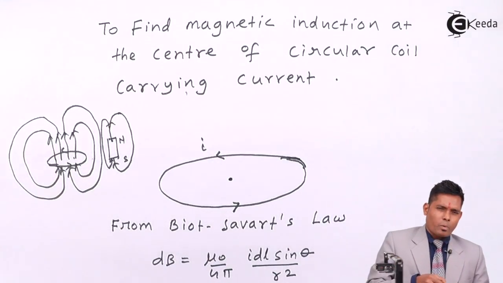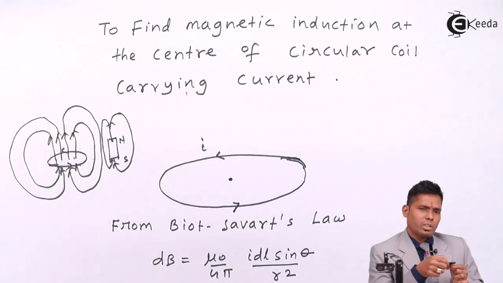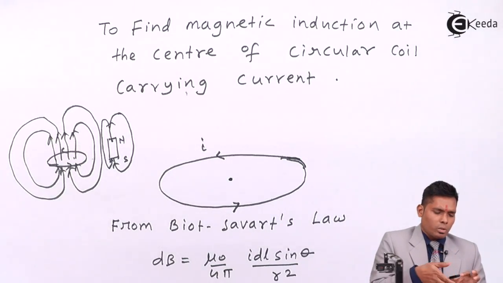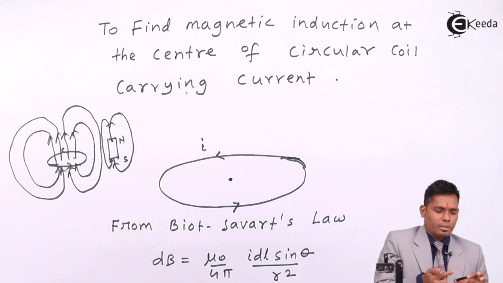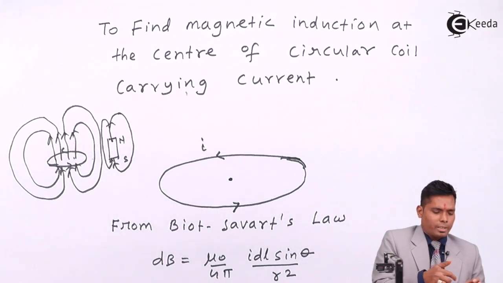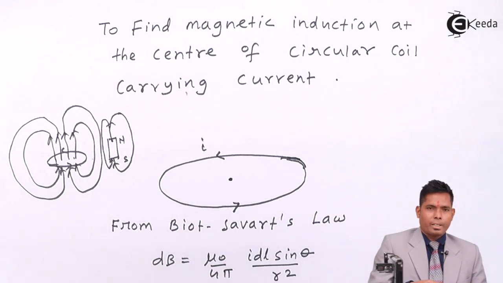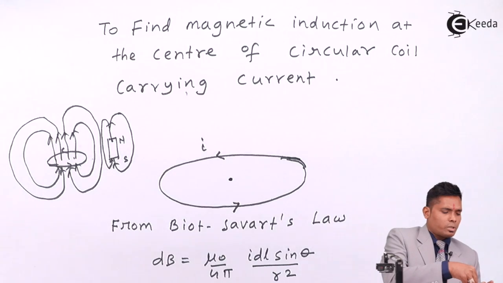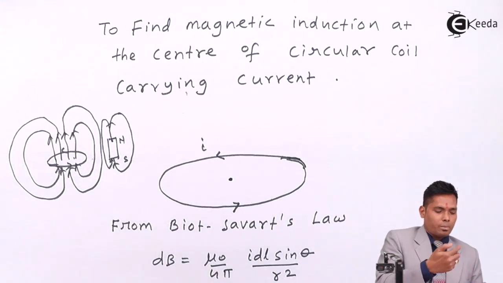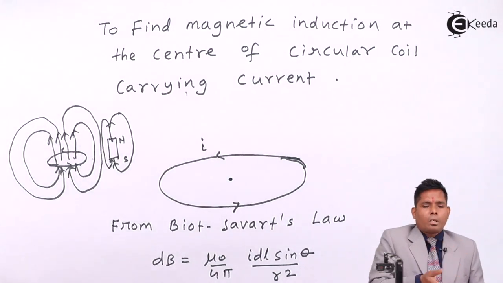If I concentrate on a small element of the conductor in a straight line, and the current is like that, then I hold the conductor, and this is the direction of the magnetic field. So from inside the coil, the lines of force will come out, whether the element I choose is here or here. If I choose here, then also it will come out. Hold it like this, it comes out. So from this part, the magnetic field will come out, just like this.